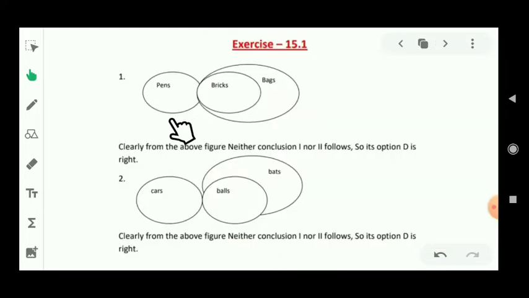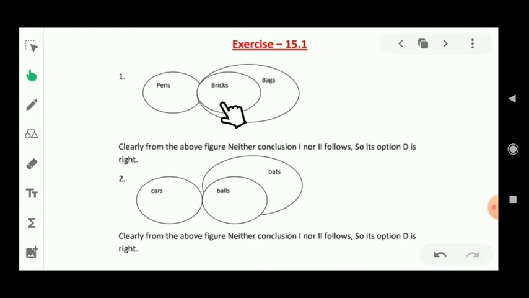From this question, we have to make 'some pens are bricks'. That means some pens, and this is the figure of the bricks. And all bricks are bags, this is the second statement. So the bricks circle will be inside the bag circle.